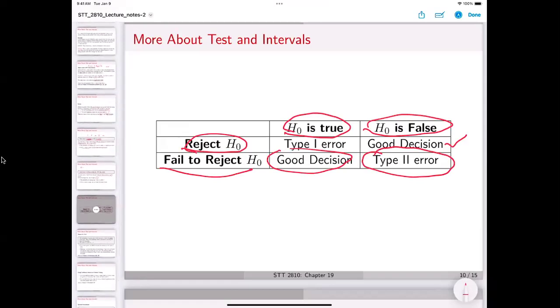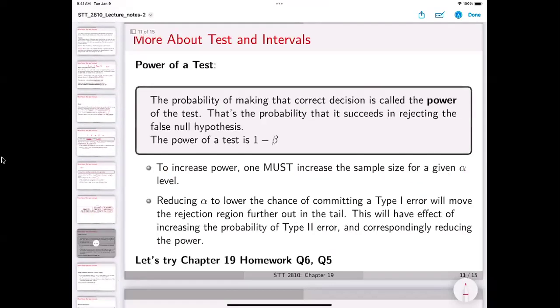So you should take note of that. The other thing we want to talk about is the power of a test. The power of the test is the probability of making the correct decision. Is that okay? The power of the test is the probability of making the correct decision. That's the probability that we succeed in rejecting the false null hypothesis.